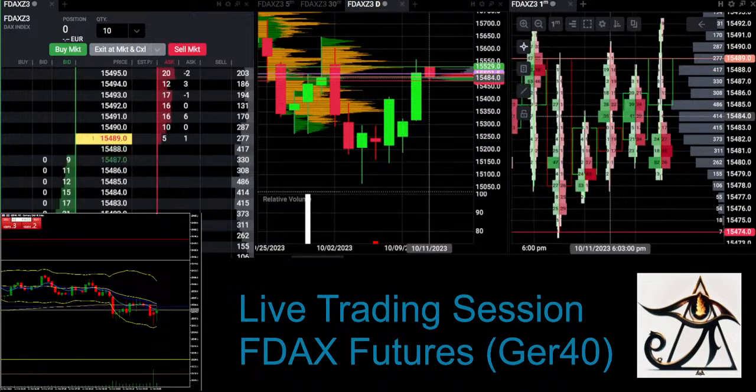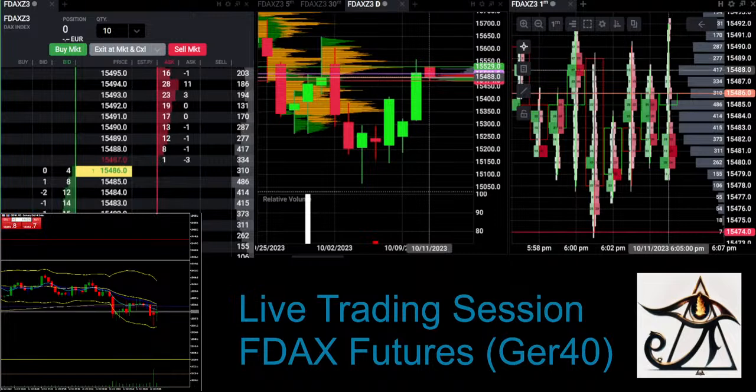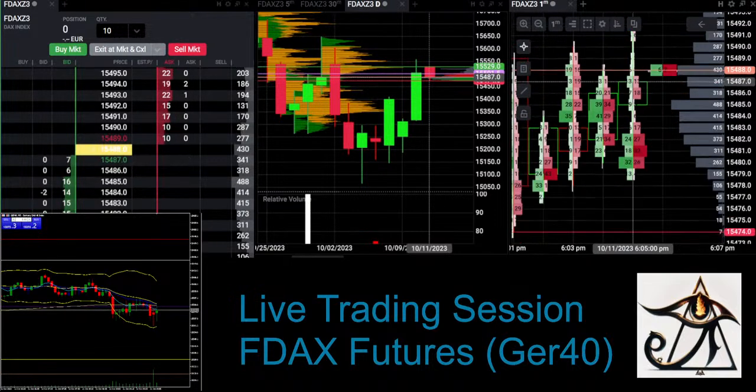Now it looks like the market was kind of tricked into a push up and it soaked it all back up, and there might be some buying come in now.